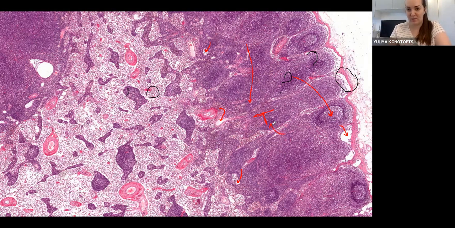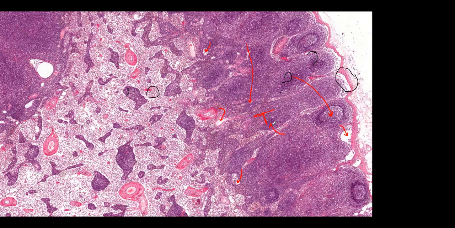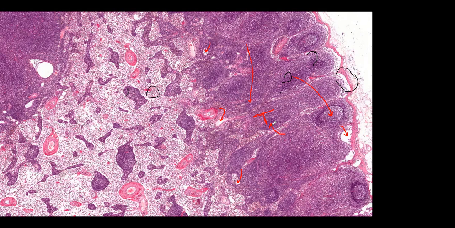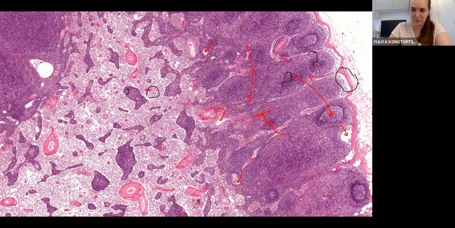And last question here. T lymphocytes are only present in the paracortex. Correct or incorrect? False, because where else can they be? The mantle zone. Yes, the mantle zone. So here you could also have T lymphocytes.